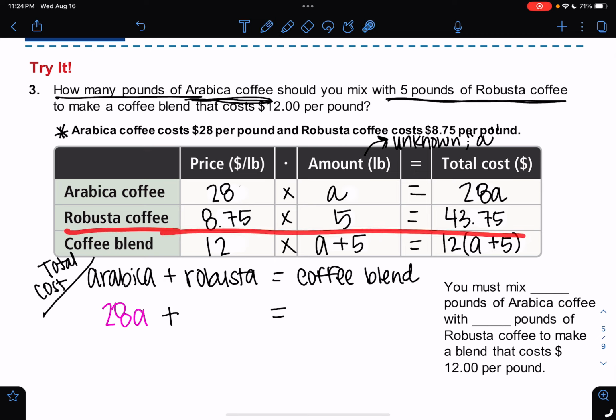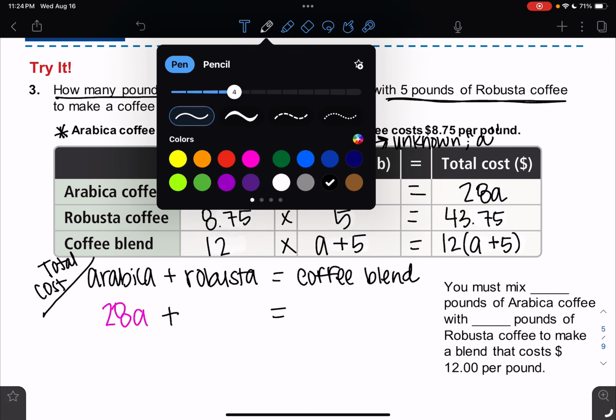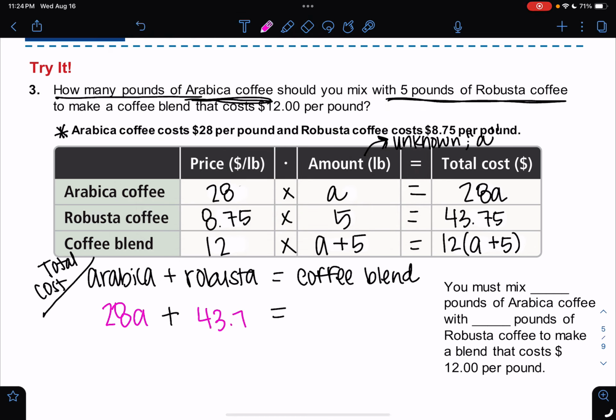The total cost is $43.75, and it should go here, so I've got plus 43.75. And finally, we've got the coffee blend. The total cost is 12 times (A plus 5).